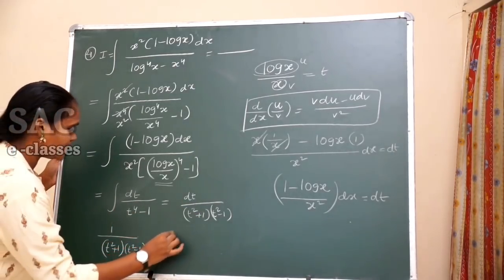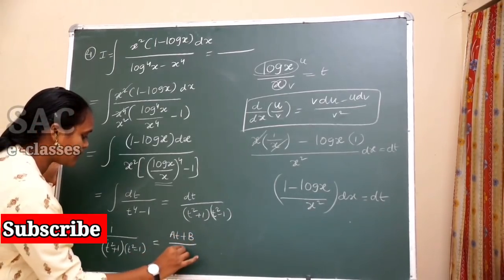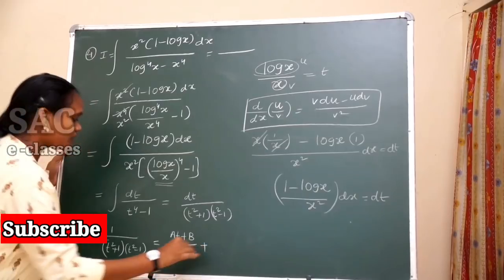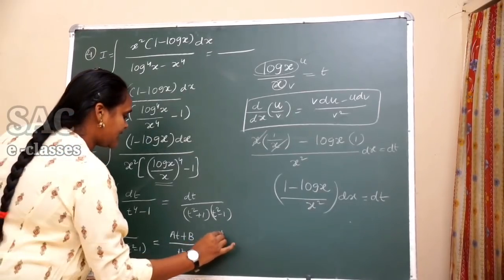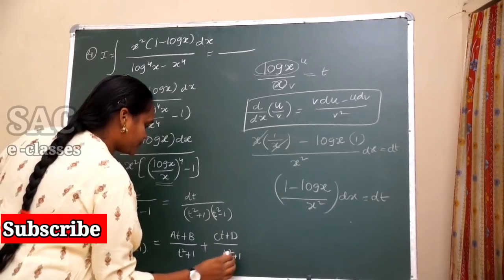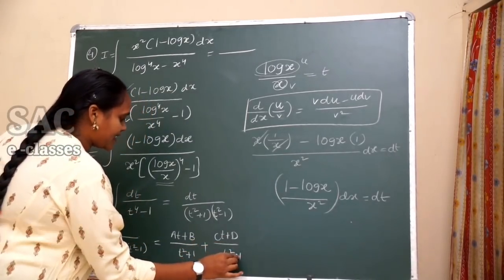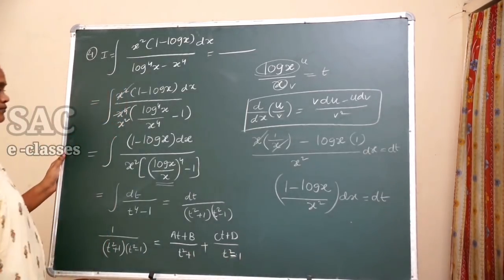So what you can do is at plus b by t square plus 1 plus ct plus d by, sorry, ct plus d by t square minus 1.